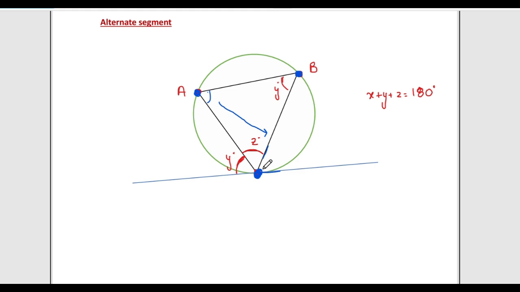Whatever angle the opposite chord and tangent make, that angle would be equal to this angle, because this is the alternate segment of this x. This segment is opposite to x. For example, if this is 30, x would also be 30.